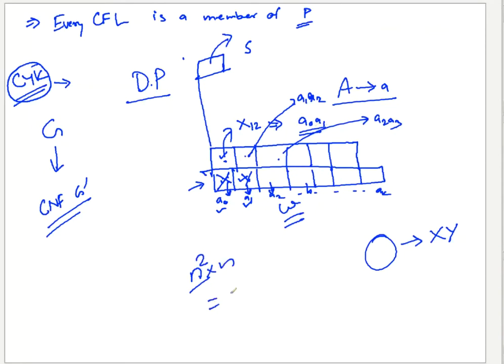So overall the running time is order of n cube, where n is the length of the string. Because the input size is at least the length of this string and the running time is order n cube, it is a polynomial time algorithm.